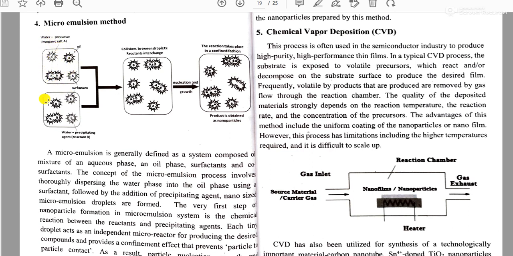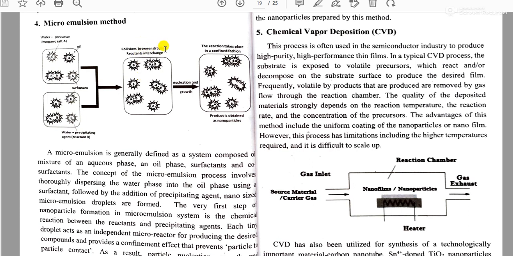In another system, or in another container, you are taking water, aqueous medium and the precipitating agent, that is the reactant B. So again these two are emulsions only. In the next step, you mix these two containers, and the reactant A and reactant B, that is a precipitating agent, will come in contact.